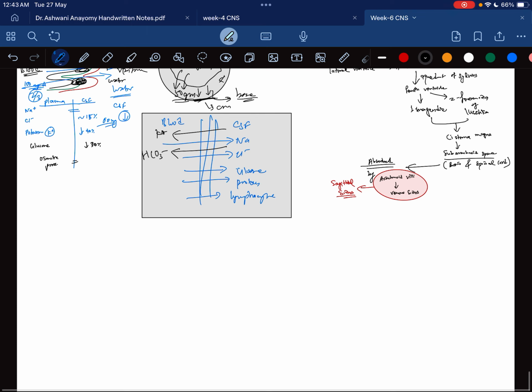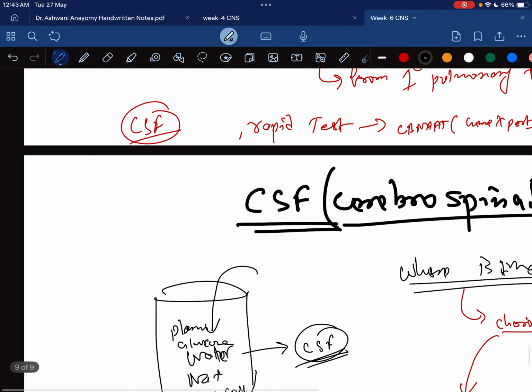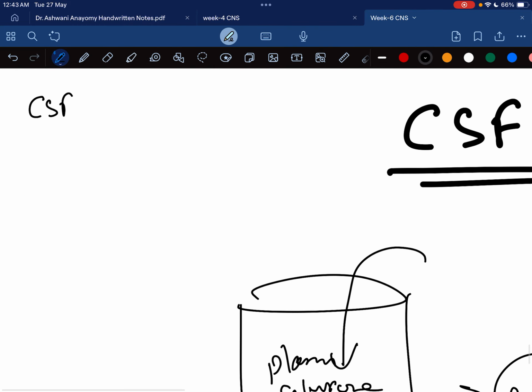So now I am moving on to the hydrocephalus portion. I am not going to discuss the arachnoid villi, perivascular spaces, and how CSF pressure is measured in detail. But a little bit we need to understand regarding CSF pressure, how much is present normally.